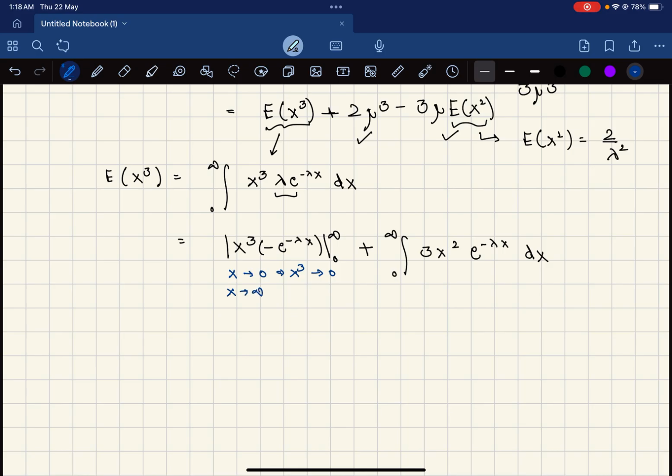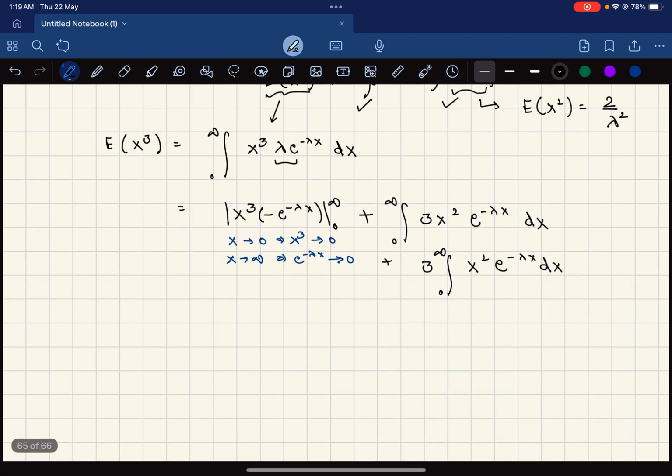Then for x equal to infinity, the e to the power minus lambda x becomes 0 because e to the power minus infinity becomes 0, and therefore we are only left with the second part of the integral, which is 0 to infinity x square e to the power minus lambda x dx.